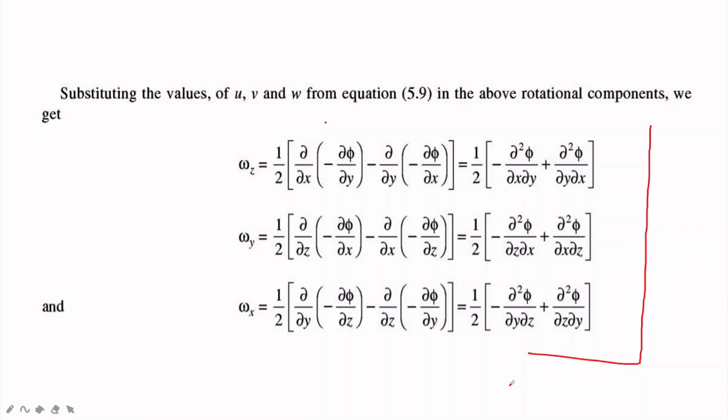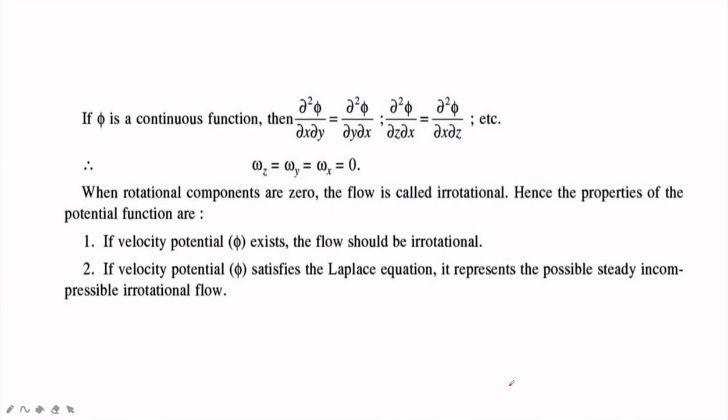What should we do with this? If phi is a continuous function, then these mixed derivatives, dou square phi by dou x dou y and dou square phi by dou y dou x, and so on, will be equal. Then omega z, omega y, omega x are equal to 0. So the rotation will be 0.